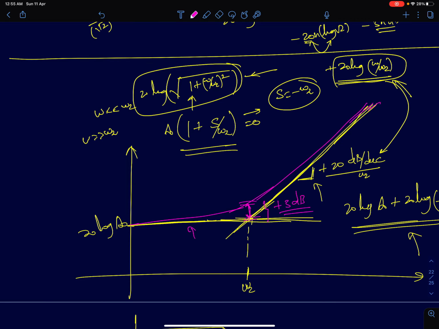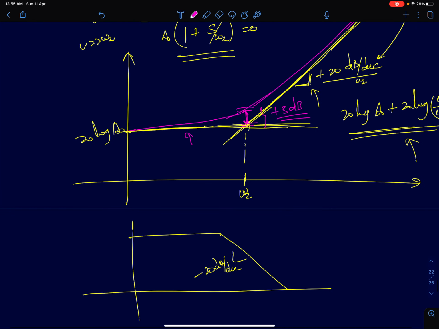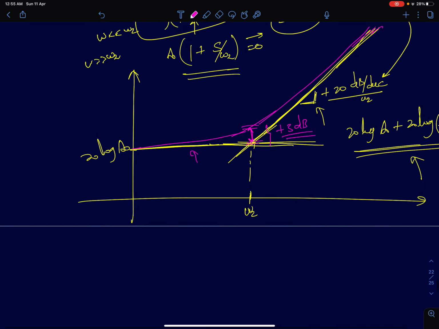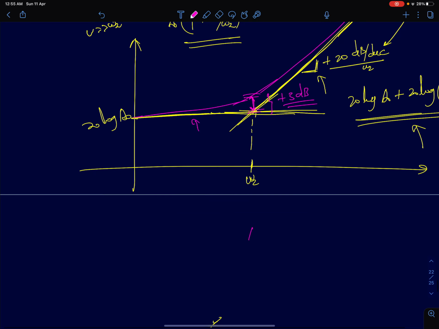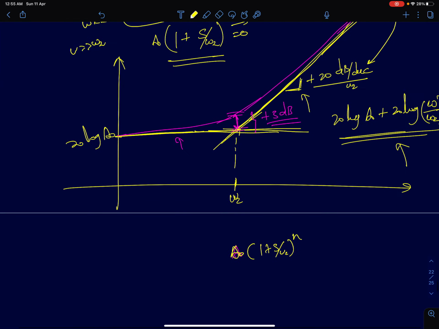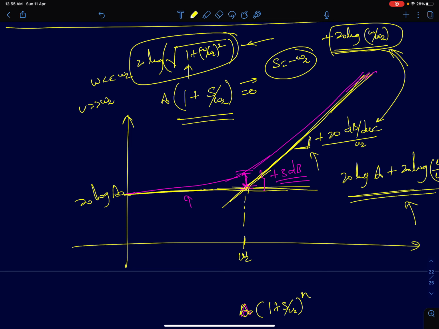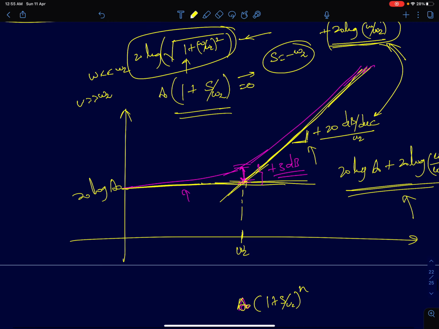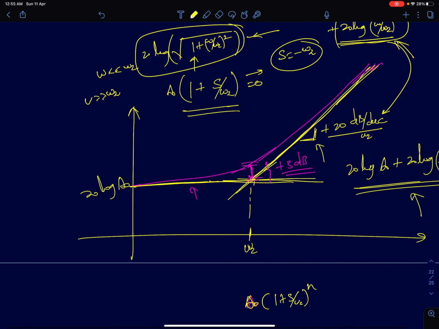In the same way, I can extend this to n first order systems, n zeros at the same point at s equal to minus omega z. If I consider a system of this type, A naught into 1 plus s by omega z the whole power n, then we can clearly show, I'll draw it on the same graph, the DC gain will remain the same, but the high frequency transfer function will look different.